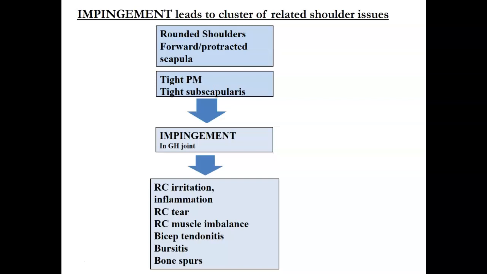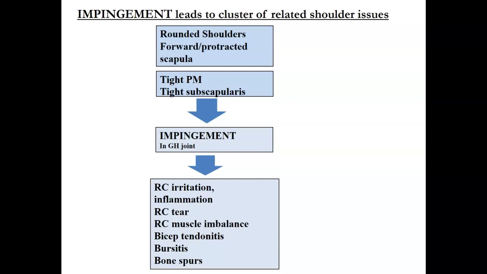The infraspinatus, teres minor, subscapularis, supraspinatus, they all pull back and forth, and they have that perfect little balance to them. And this balance is thrown off very, very easily. That's when you get compromised biomechanics, compromised space and flow, pain, issues with the shoulders.